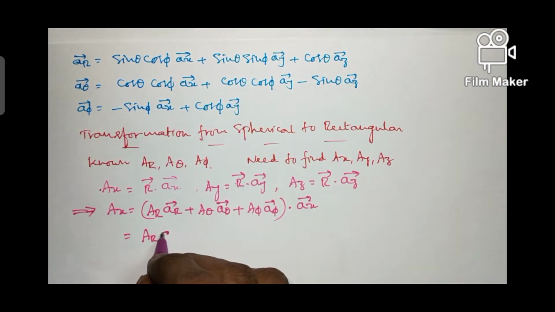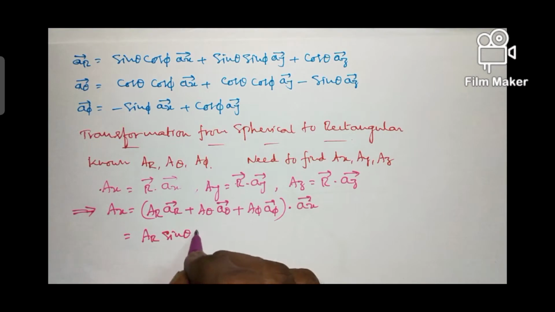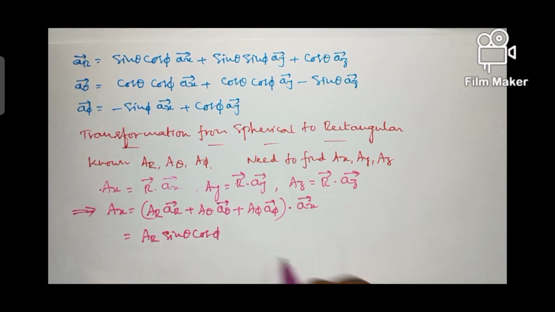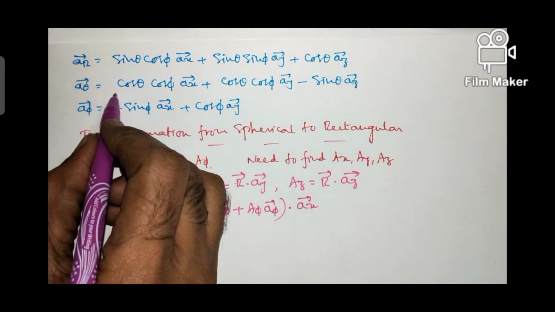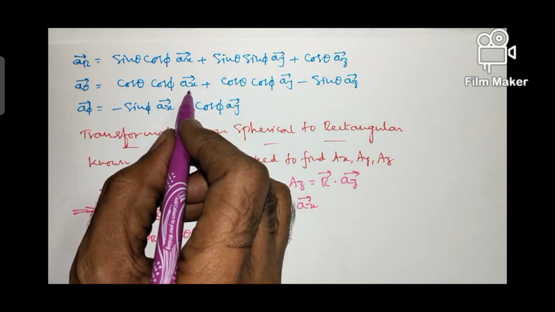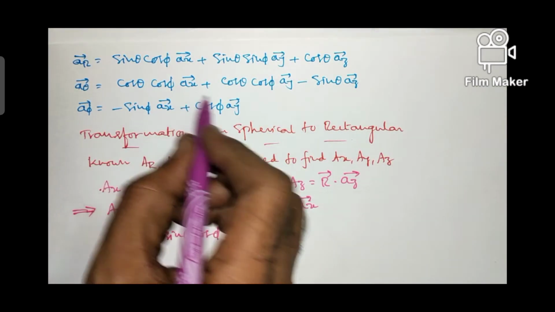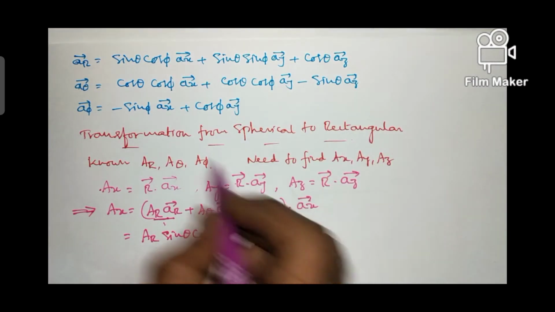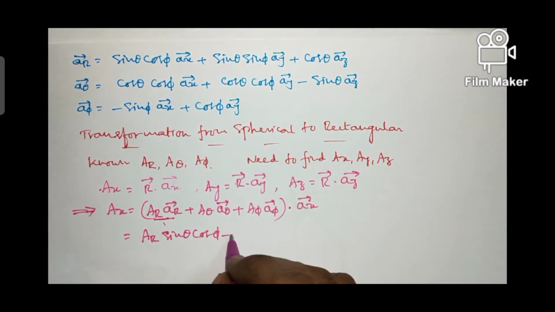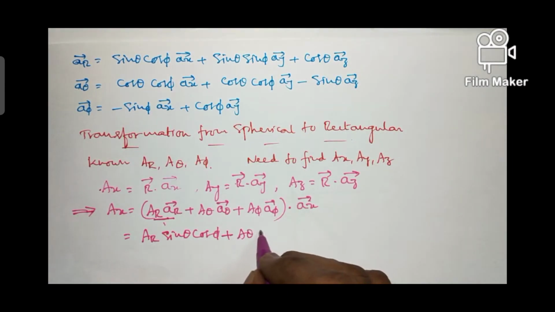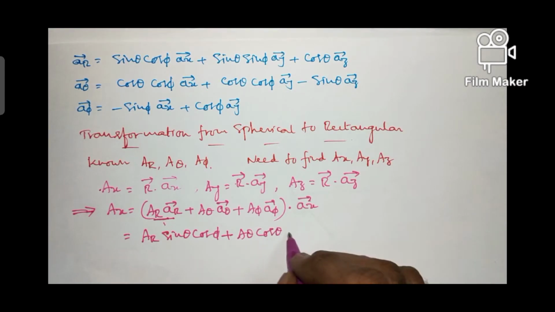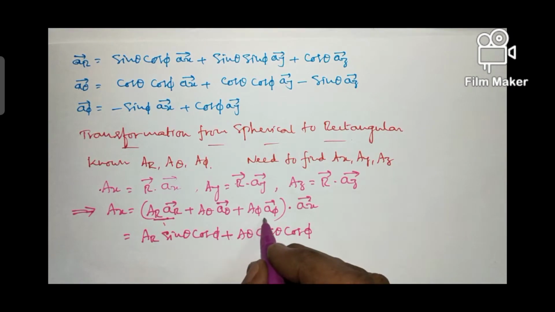Hence here we get only sin theta cos phi, plus, next when we consider the second term a_theta dot a_x bar, here also we get only the cos theta cos phi term, and the remaining a_y and a_z terms will be equal to 0 because they will be at 90 degrees with respect to a_x bar.